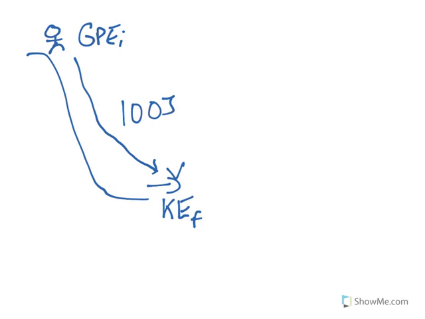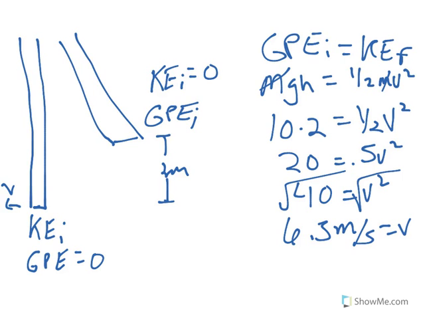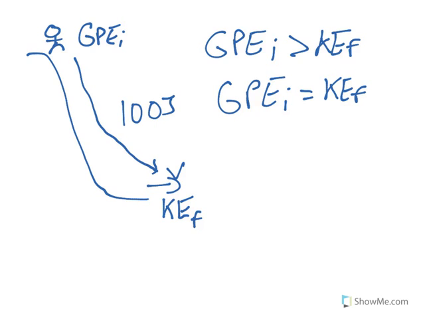Okay? So what this means is the gravitational potential energy initial should be greater than the kinetic energy final because she lost 100 joules. So when we plug in our formula, gravitational potential energy initial equals kinetic energy final, like we had here, we have to change this a little bit to add in that energy loss due to heat.